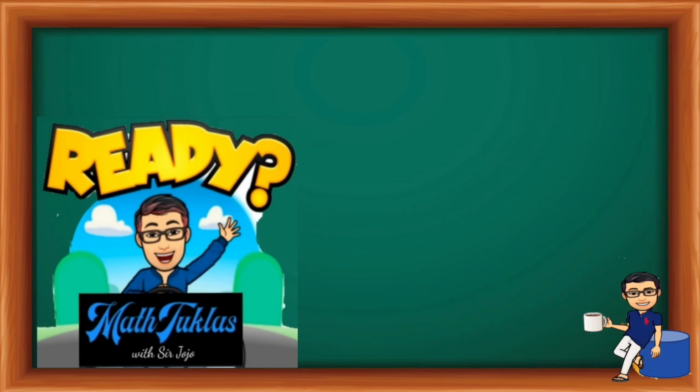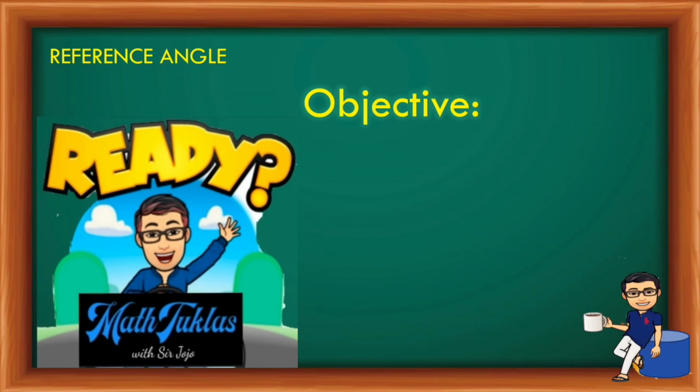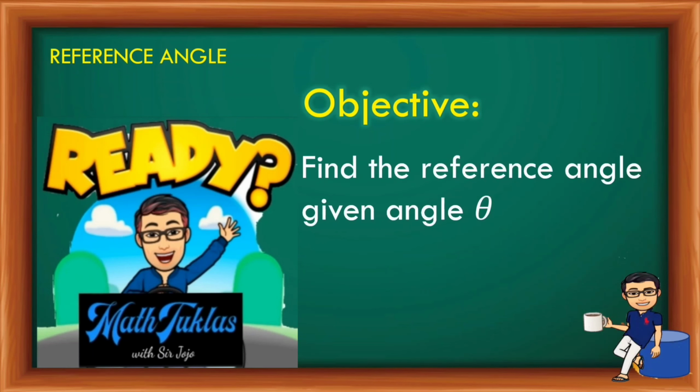Since we are talking of the reference angle, alamin muna natin kung ano ang objective ng ating presentation. And the objective of our presentation is to find the reference angle given angle theta. To begin, let us try to know ano nga ba itong reference angle?